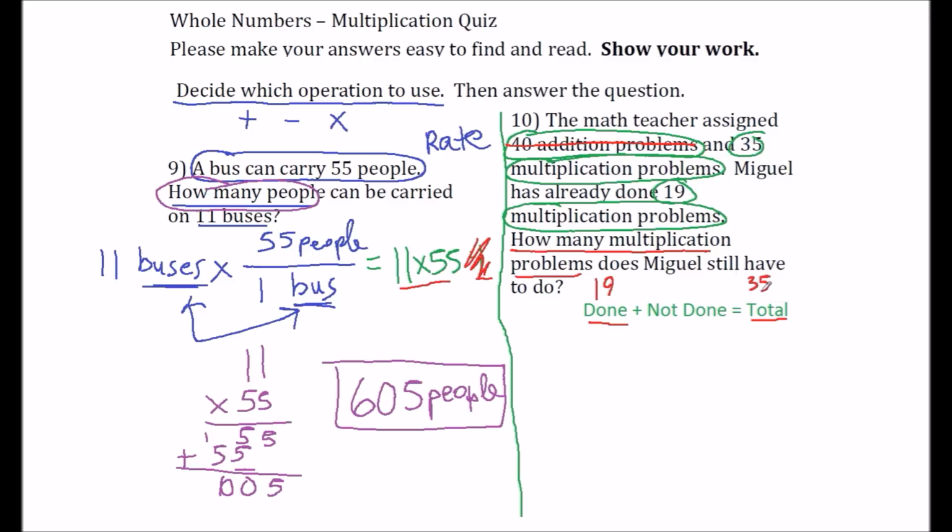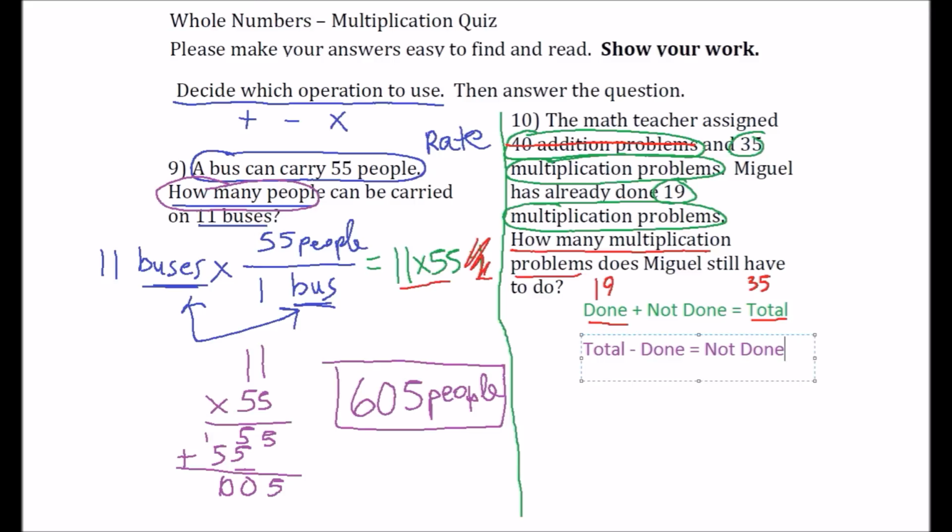And we're thinking to ourselves, okay, how do we figure out what he has not done, what he still has to do? If you remember your fact families, we could simply rearrange this. If you take done plus not done equals total, you can rearrange this, let's change that to maybe purple, to the total minus the number you have done is going to give you the number that are not done.